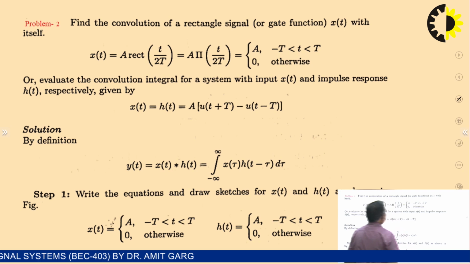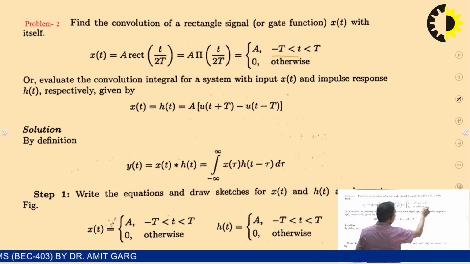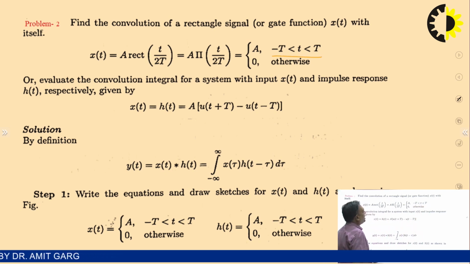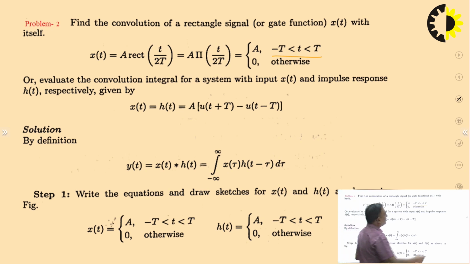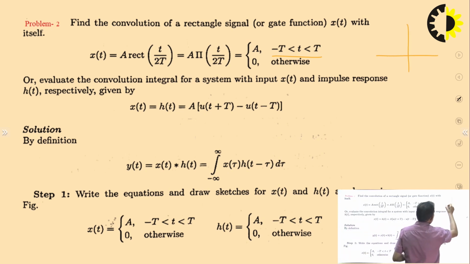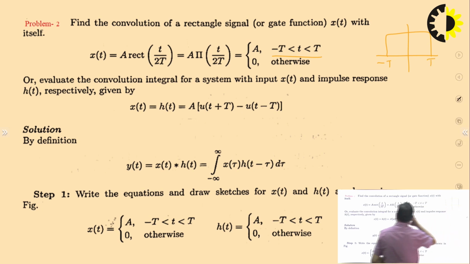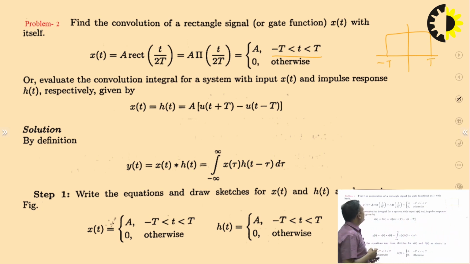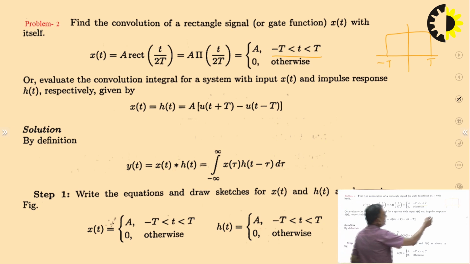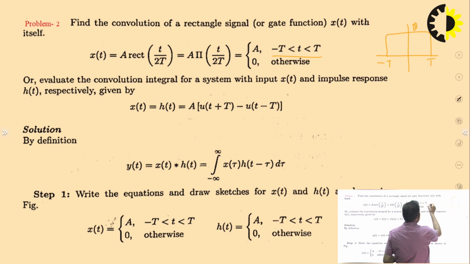The rectangle signal is defined from minus T to T, where the magnitude is A. You can write this as A rect(t by 2T), where 2T is the total width of the rectangular signal from minus T to T. You can also write it as A pi(t by 2T), or A between minus T and T and 0 elsewhere.